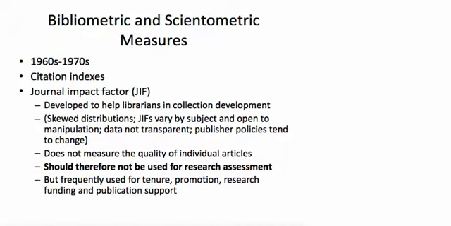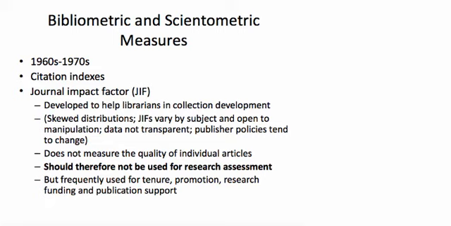A little bit about bibliometric and scientometric measures. As I said earlier, even though the bibliometric distributions go back to the 1920s, as the professor before me said, they actually came into being when Eugene Garfield created what's called citation indexes in the 60s. A few measures were defined then.